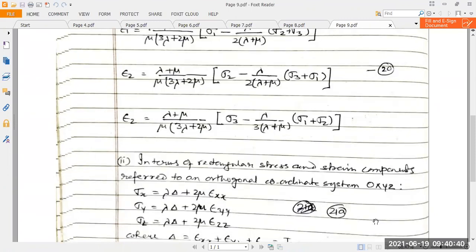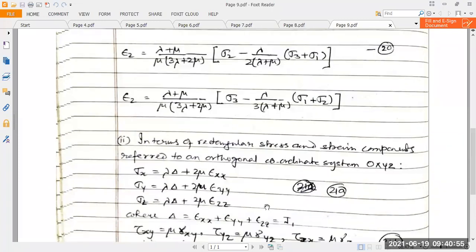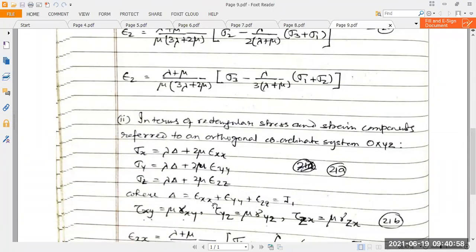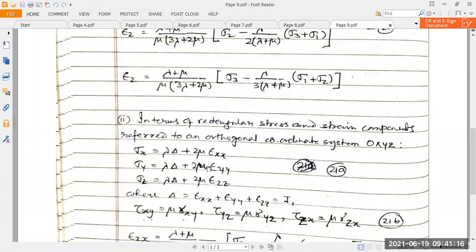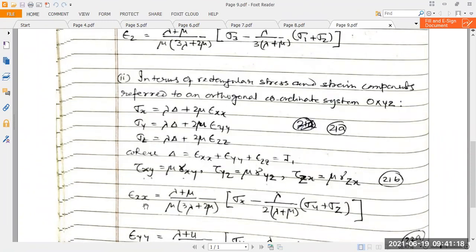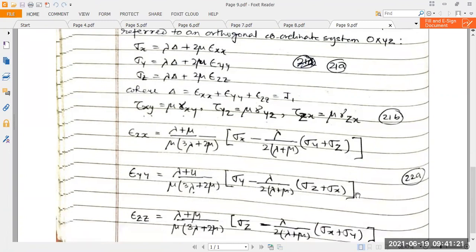In terms of rectangular stress and strain components referred to an orthogonal coordinate system Oxyz, the subscripts 1, 2 and 3 are replaced by x, y, z, epsilon xx, epsilon yy, epsilon zz, where delta is equal to epsilon xx plus epsilon yy plus epsilon zz. Tau xy is equal to mu into gamma xy, tau yz is equal to mu into gamma yz, and tau zx is equal to mu into gamma zx. Thus, from these equations, this is converted into epsilon xx, epsilon yy, epsilon zz, like this here.